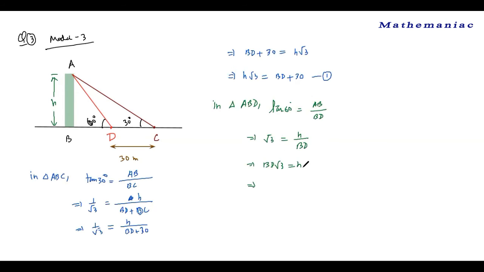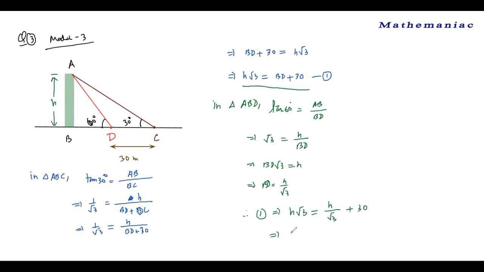It is easy to replace H and they replace H in equation 1. Do not do that. Because if you replace H here, you will be getting unwanted BD, which is not needed. They are not asking you BD. So from here you find in fact what BD equals. BD will be equal to H by root 3, right? Now that value you put where? In equation 1. So it is H root 3, BD is H by root 3 and this is 30.